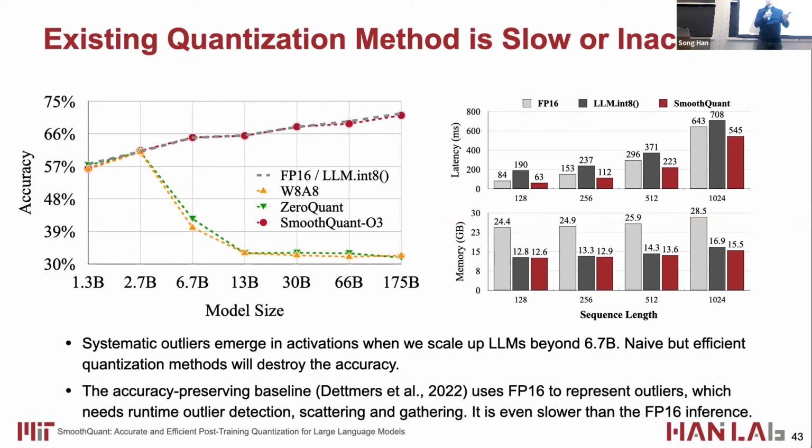However, you have a mixed precision of FP16 versus int8, making the inference actually slower than a purely FP16 implementation. So it's super crucial to have measured latency saving and also measured memory saving for quantizing large language models.